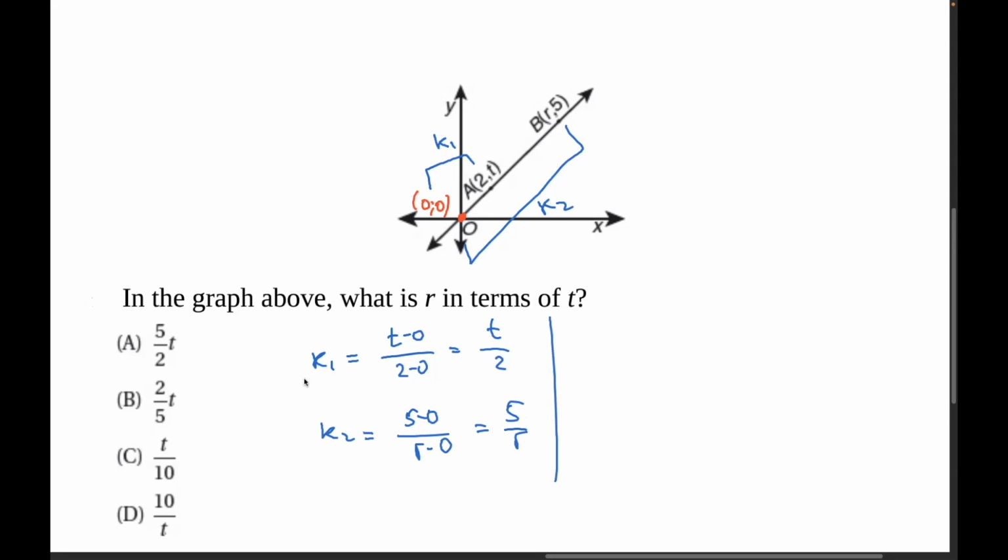As I told, k1 is equal to k2 because those points belong to the same line. So t/2 is equal to 5/r. If you cross multiply, tr is equal to 10. They say r in terms of t, r is equal to 10/t. So the answer is D.